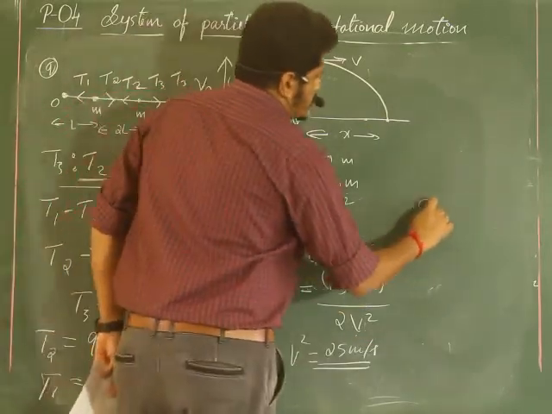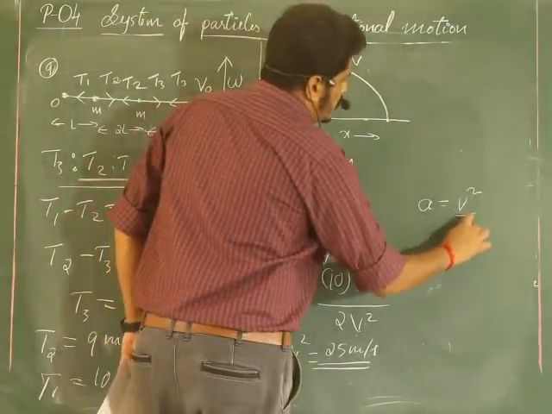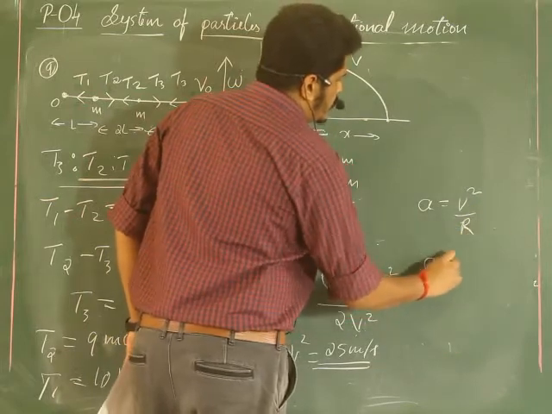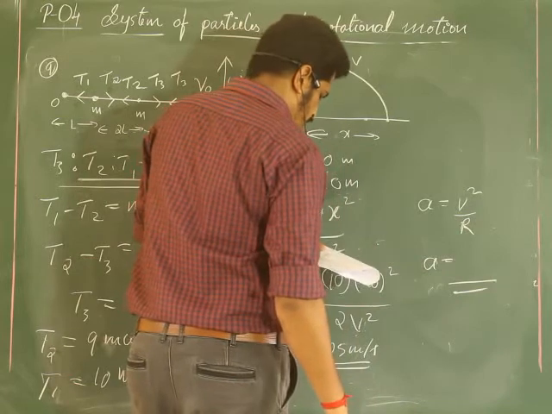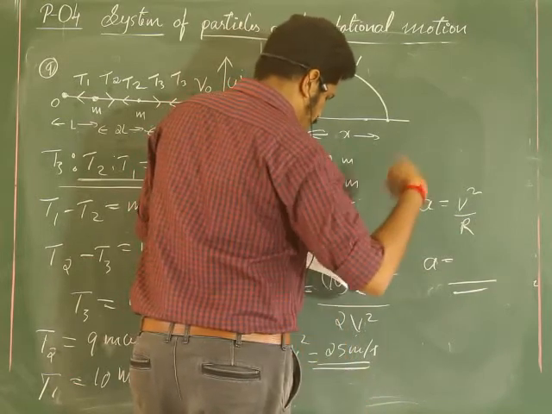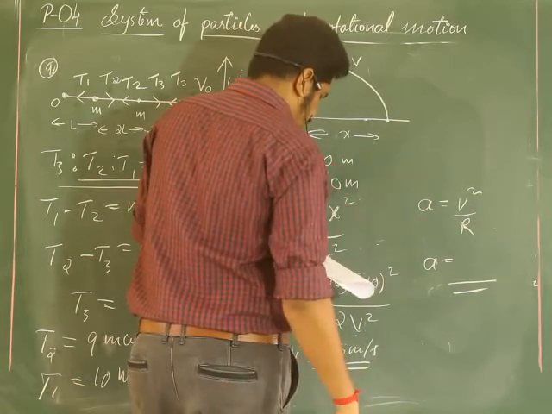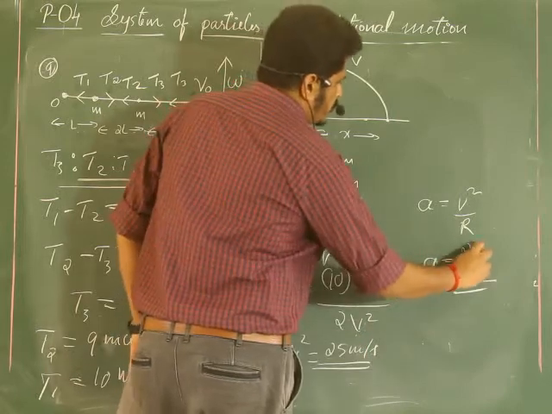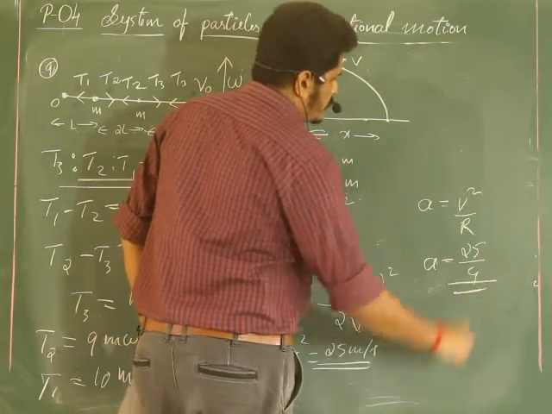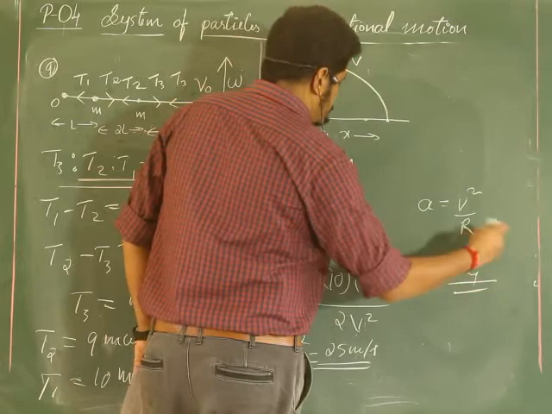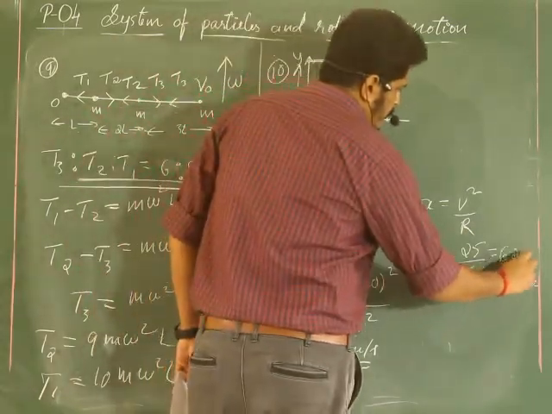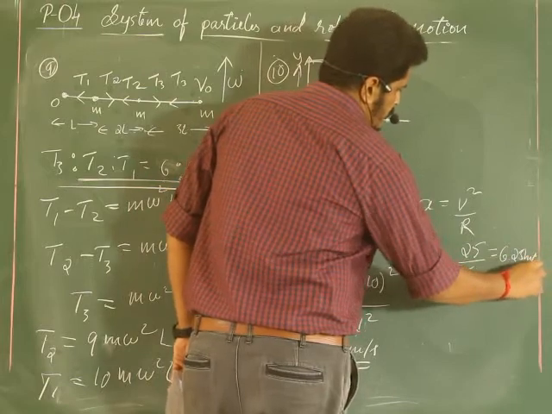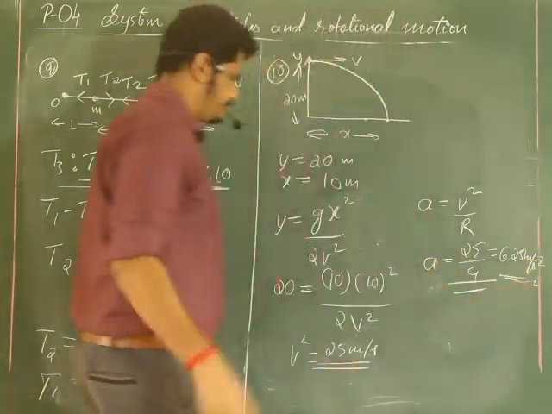So now we know a equal to v square by r. After substituting, the radius of that circle was 4 meters, so it is 25 by 4, which is 6.25 meter per second square.